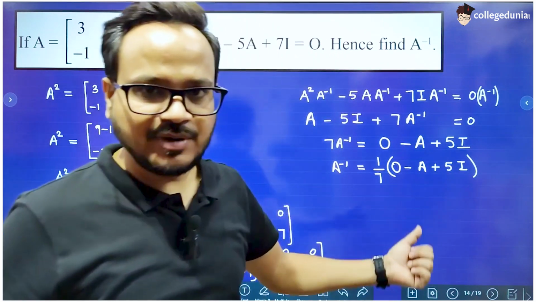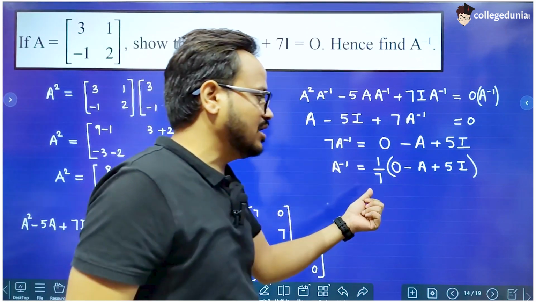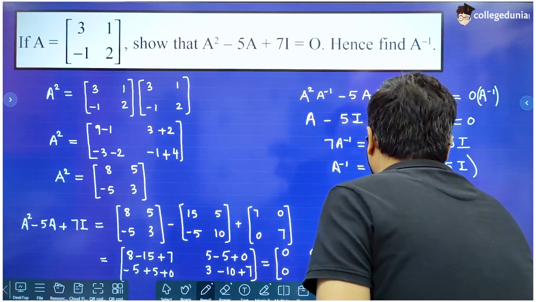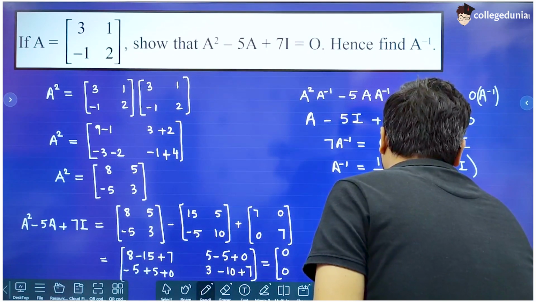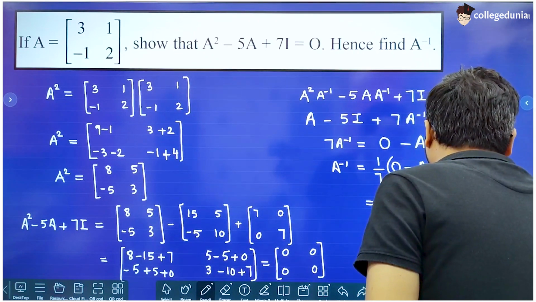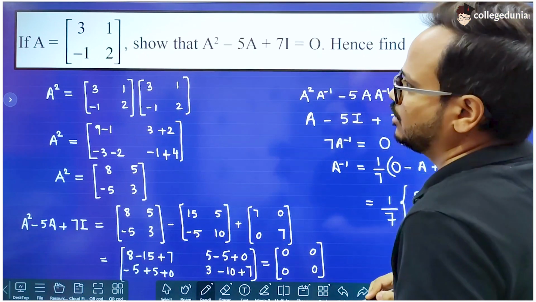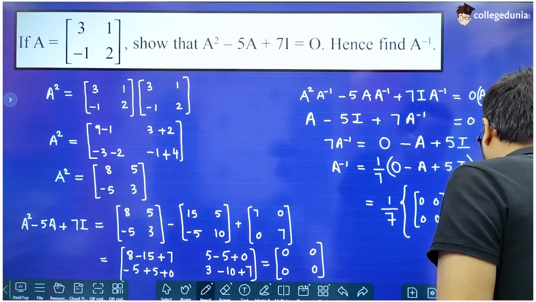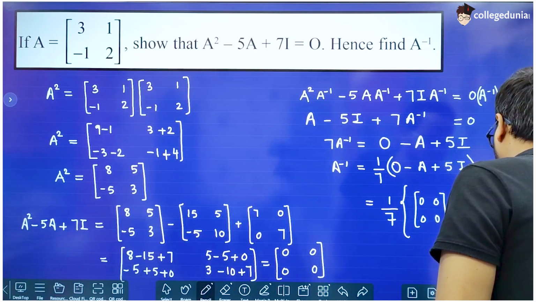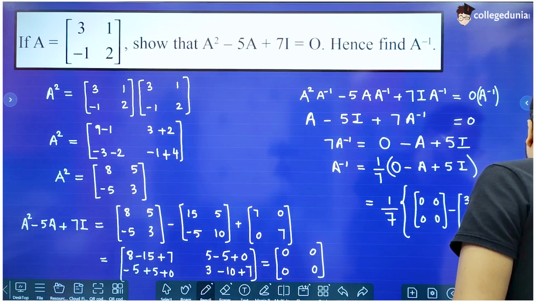So you just have to find this matrix and divide each and every element of that matrix by 7, and that will be the inverse of A. So let's find 1 upon 7 null matrix: 0, 0, 0, 0, minus A: 3, 1, minus 2, 1, 3, 1, minus 1, 2, sorry, minus 1, 2, plus 5, 0, 0, 5.